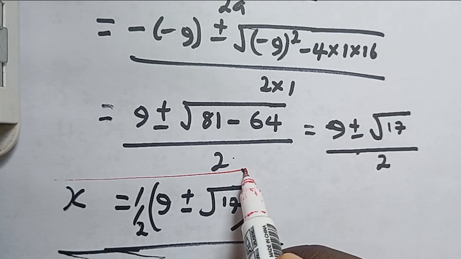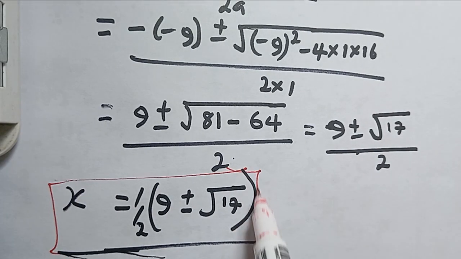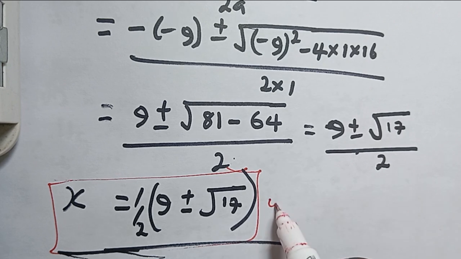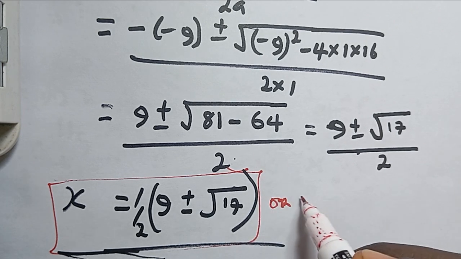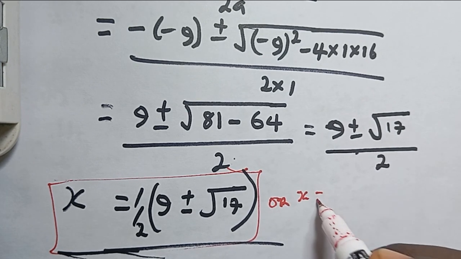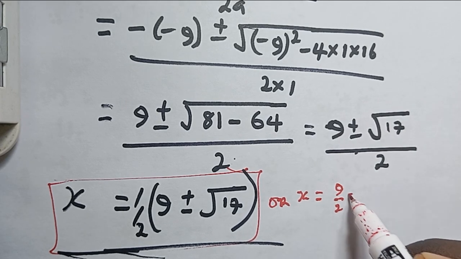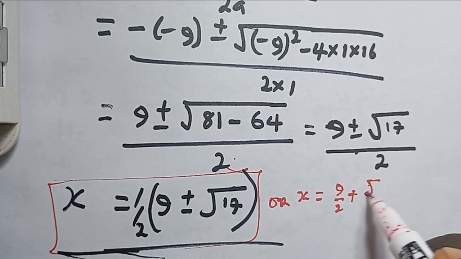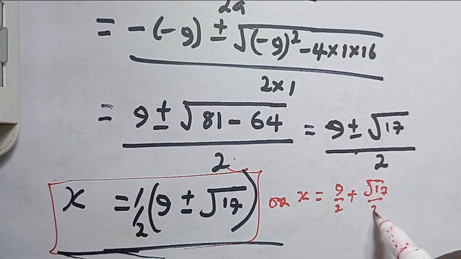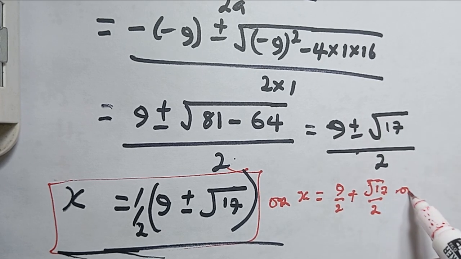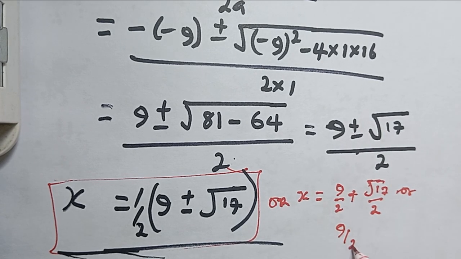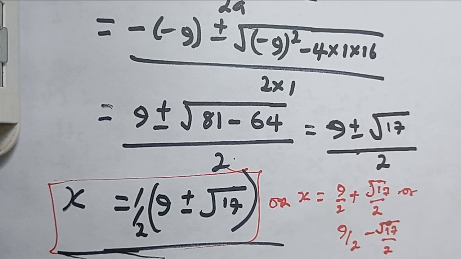But then you may also decide to find out the decimal value, so you can continue simplification right there. So our x can also be 9 divided by 2 plus root 17 divided by 2, or 9 divided by 2 minus root 17 divided by 2.